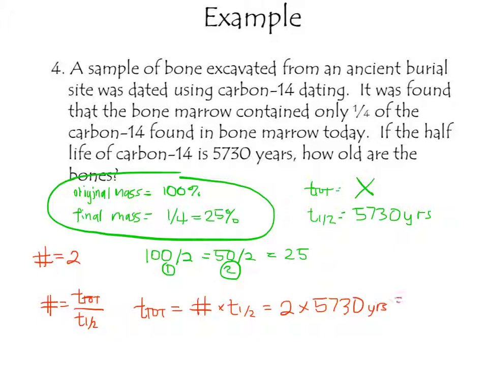And you should end up with 11,460 years. But if we were to do this properly with sig figs, it should be 11,500 years. And this concludes the tutorial of half-lives, and I hope this was very helpful, and thank you for watching this video.